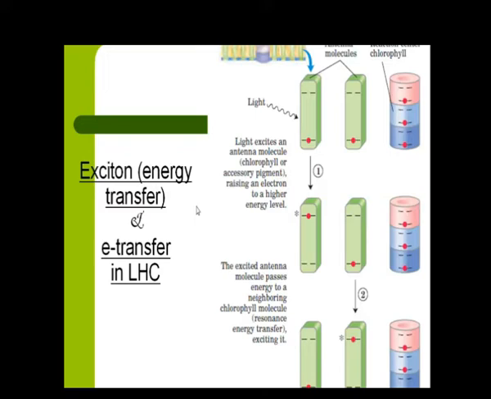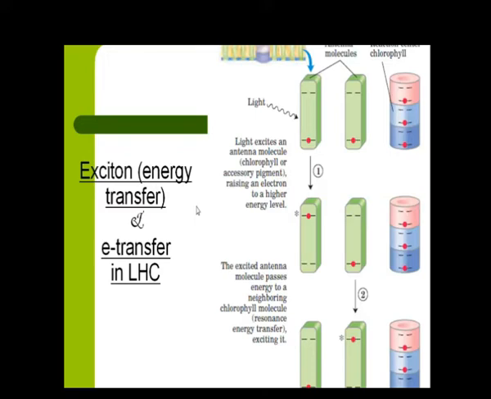What do you mean by excitation? An electron jumps to a higher energy level. You can see this has gone up, it has become excited. In the next step, it will come back to its ground state. When it comes to the ground state, the energy it had is passed on to the next neighboring molecule.